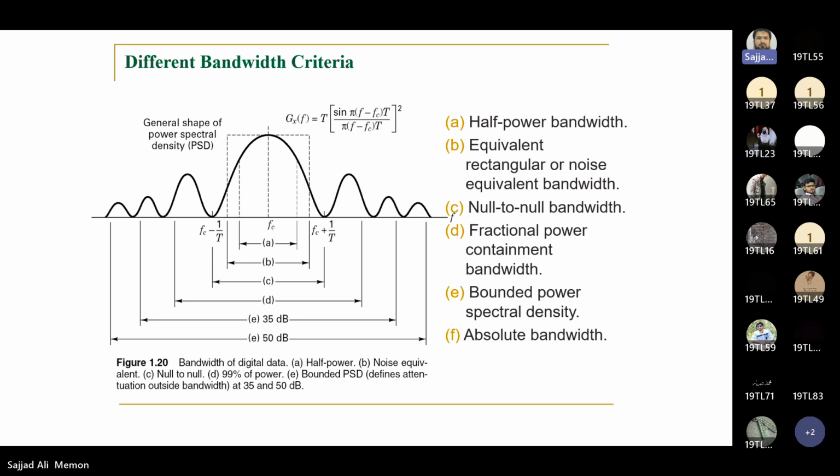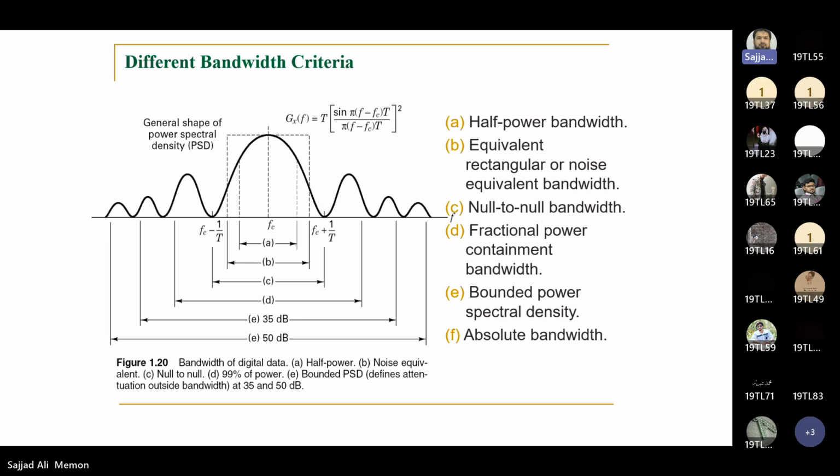One definition is to take the half power, where we might lose some information. The second definition is equivalent rectangular noise. Maybe we don't lose information, because the frequency in between the null and the equivalent noise power has very minimum power, so maybe no information will be recovered here.